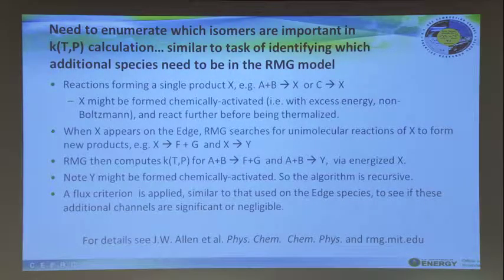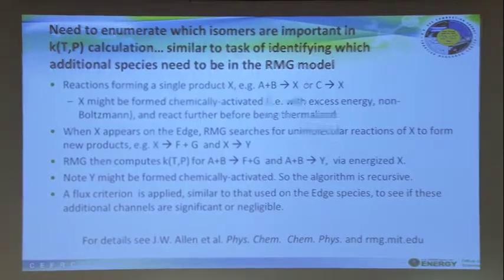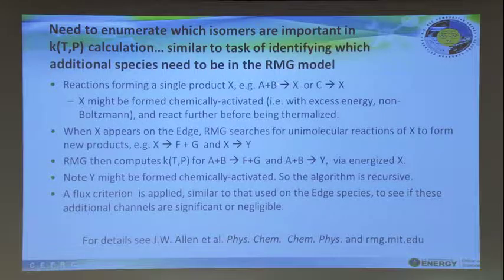RMG enumerates all the isomers that could be formed. What it does is it basically knows anytime you have a reaction that forms a single product, like A plus B goes to X or C goes to X, it's likely that X will be formed energized. And therefore, you have to go and consider what X might do. X might break apart or X might isomerize. And then you keep track of this whole thing.